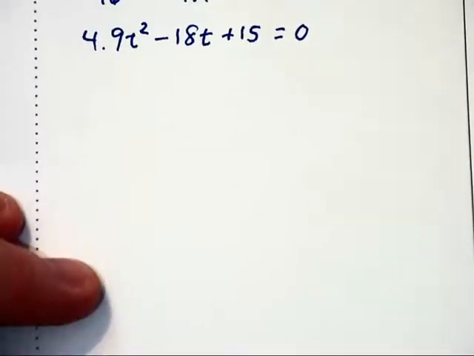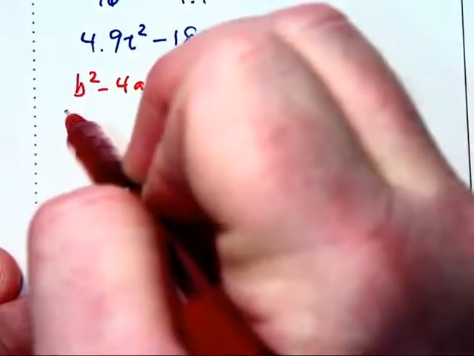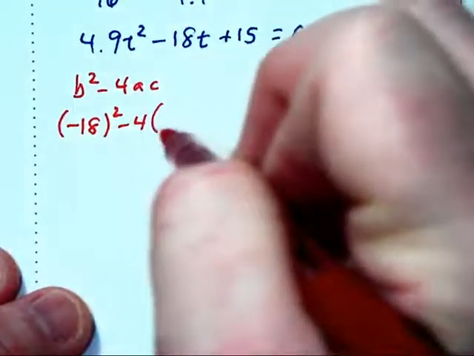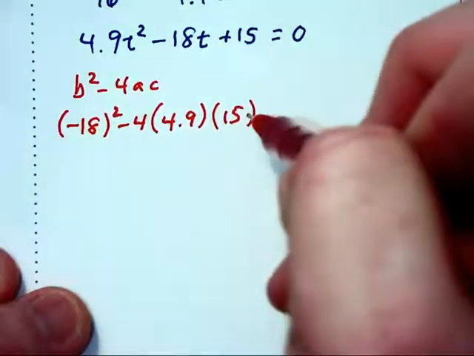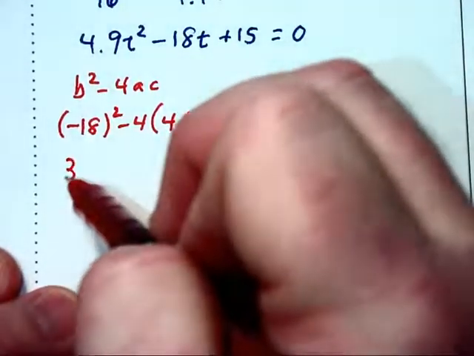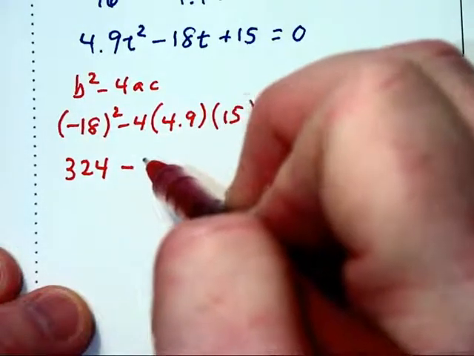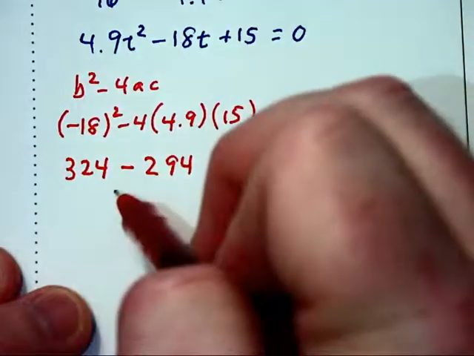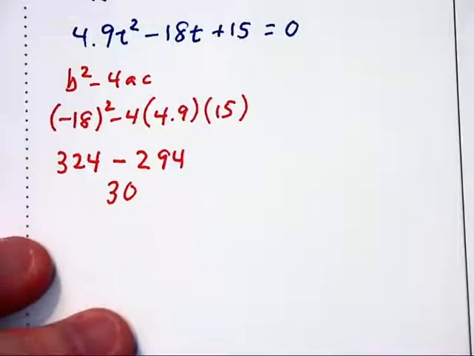So let's just focus on the discriminant for starts. b squared minus 4ac. That becomes negative 18 squared minus 4 times 4.9 times 15. 18 squared is 324, and I know we will be subtracting 294 because I've done this on a calculator already, and that gives us 30 for the value of the discriminant.